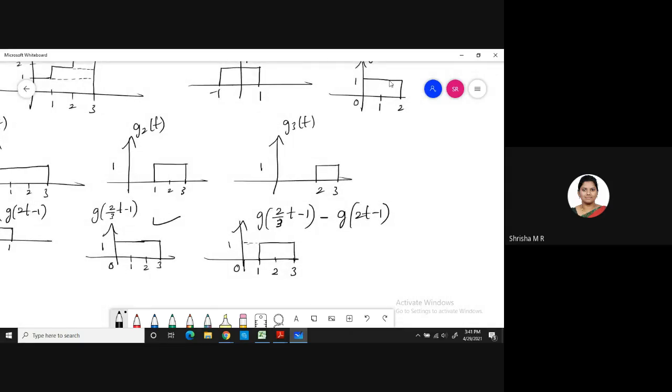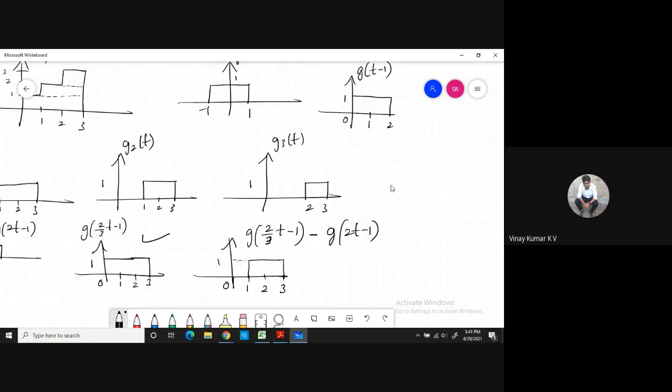If you subtract this from 0 to 2, from 1 to 3 you can do g of t minus 2. If you do g of t minus 2, from where to where will your signal exist? It is here 2 instants, correct? But we want only 1 instant here, a signal from 1 to 3.